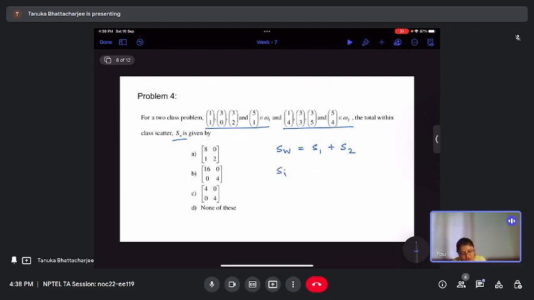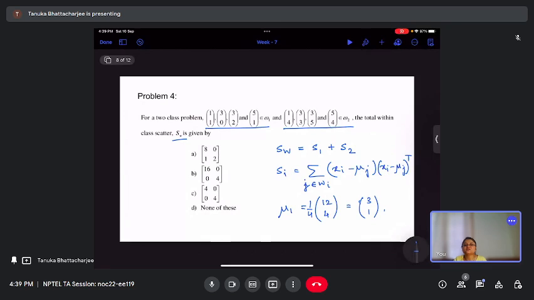And each of these within class scatters will be the summation, say over j element of omega i, of xj minus mu i times xj minus mu i transpose. So, we need to know the mu for both classes. As you can see, for the first class omega 1, mu 1 is 1/4 of 12/4, that is basically 3/1.